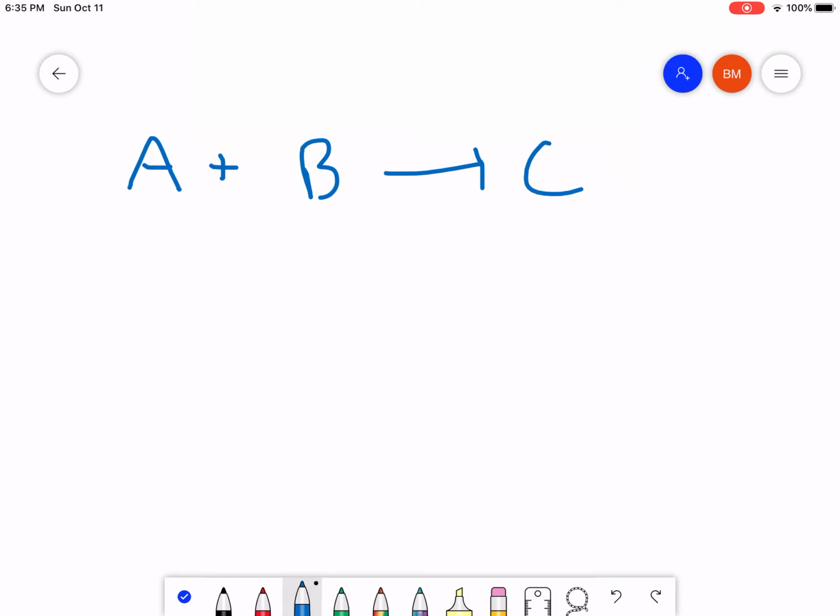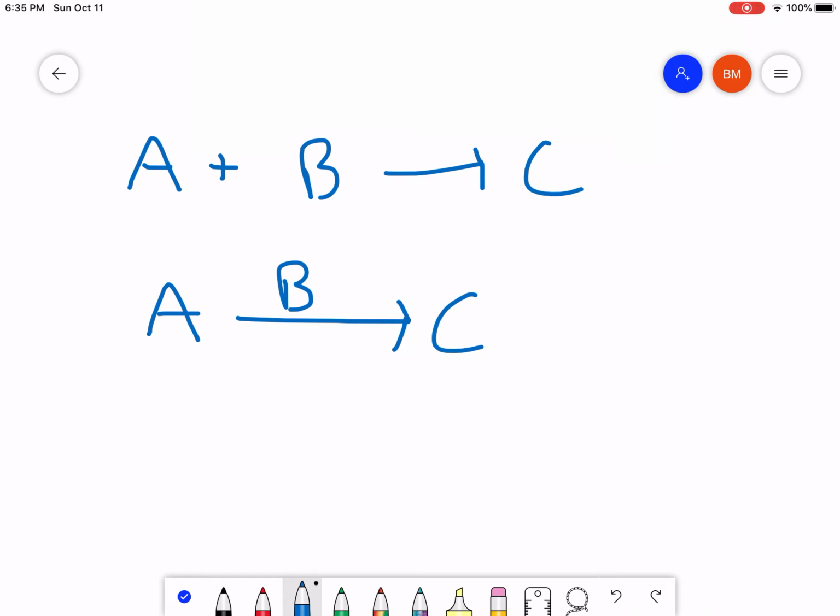For one thing, whenever we write this, a lot of times what we'll do, instead of writing A plus B arrow yields C, we'll kind of just streamline this a little bit. We'll just write A and then a reaction arrow, and you write B on top of it. And then that yields C. I know it doesn't seem like it saves much here, right?